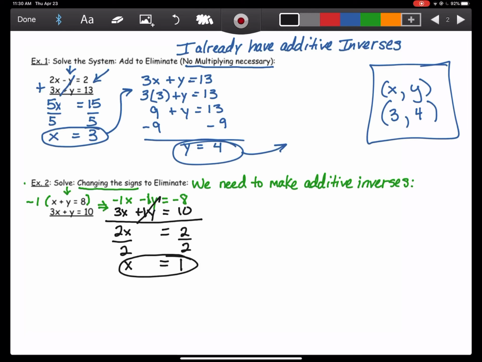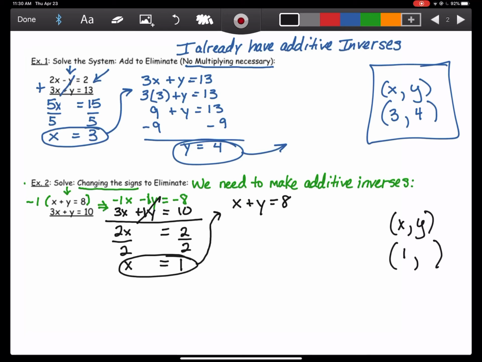Thinking ahead, I've got an x comma y as a goal, and I'm trying to write 1 into that ordered pair so I can be ready to finish up. All right, now I'm going to substitute what I found. Pick either equation. Which equation looks easier to you? I picked the top one. You can pick either one. x plus y equals 8.